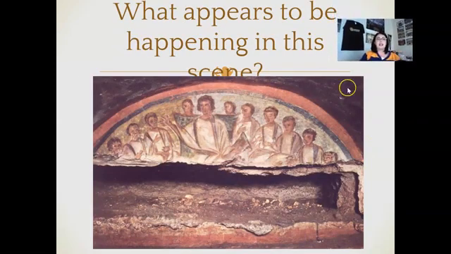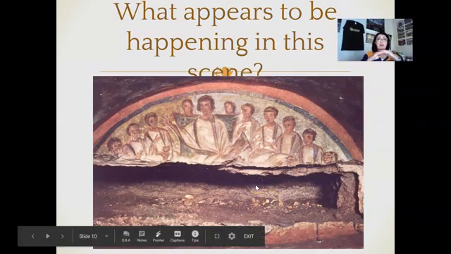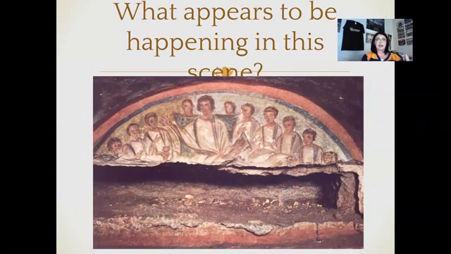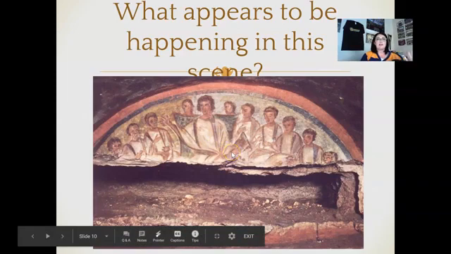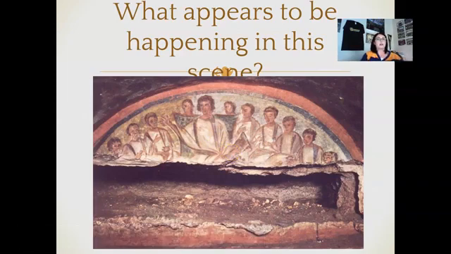So for example, this is a scene right here where it is in a Christian catacomb. So buried underneath, which we'll talk about the catacombs in a second, but you can see here painted into this archway, which was a Roman technique in terms of architecture. You can see here that they've got a teacher giving people lessons, and he's wearing a Roman toga. So to anybody else, it could be considered just a teacher.